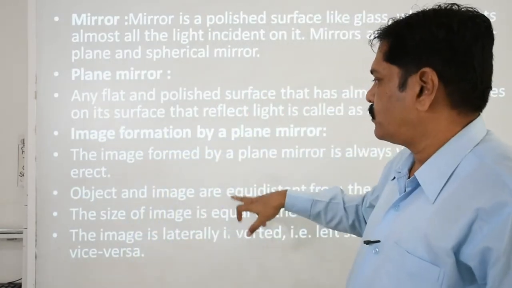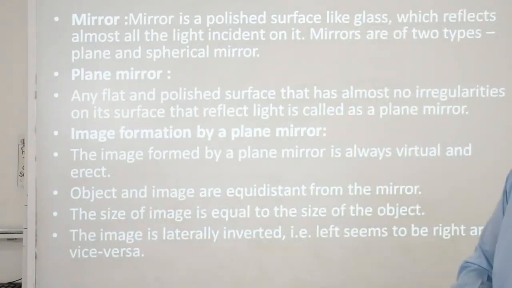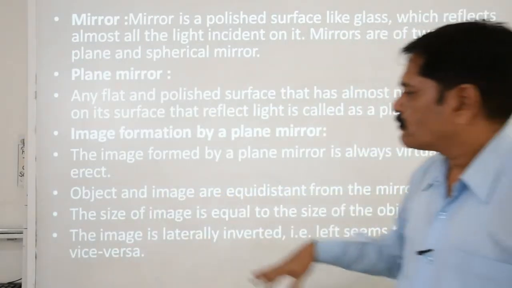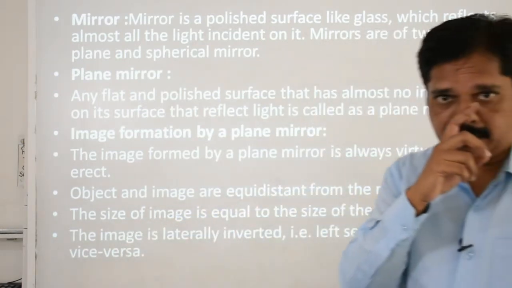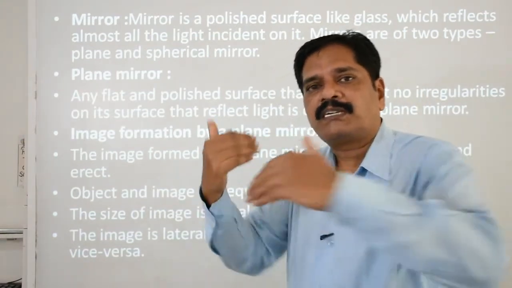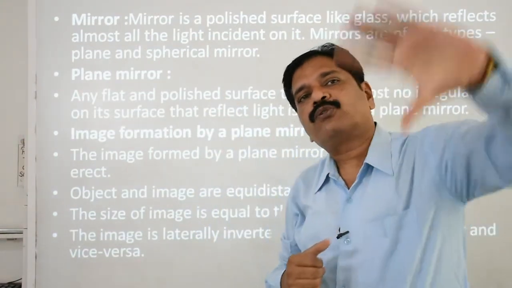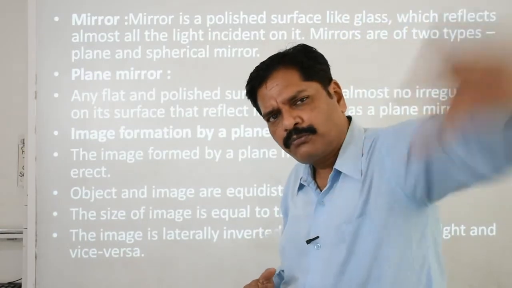So this is because of this equidistance. Object and image are equidistant from the mirror. Okay, so the size of the image is equal to the size of the object. Clear? When you go back, the distance between the object and mirror increases, then the image of the object will also appear shorter because it goes back.